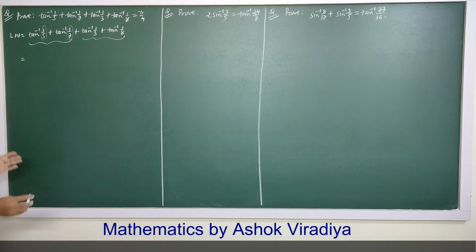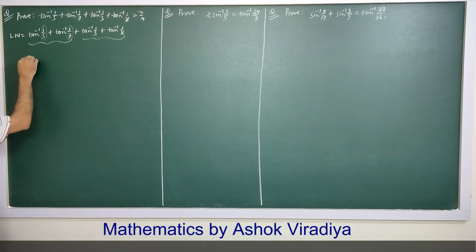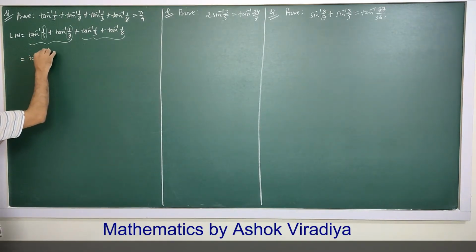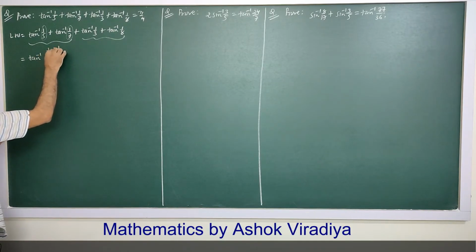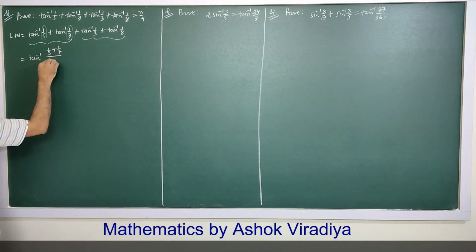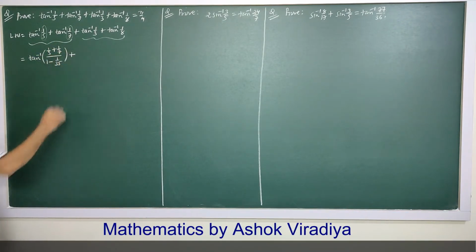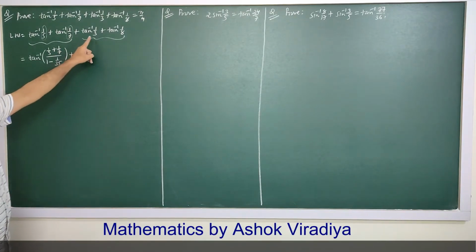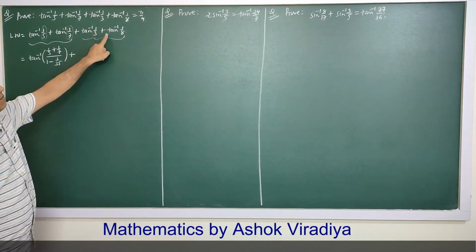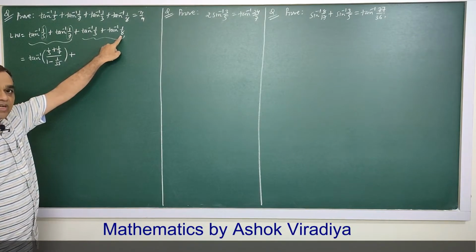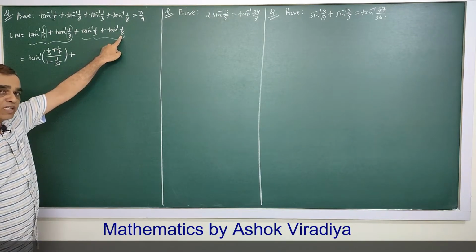So by the formula, tan inverse x plus tan inverse y is tan inverse of (x plus y) upon (1 minus x into y), that is 1 upon 35. Similarly, here the product of these 2 numbers is 1 by 24. It is also less than 1.